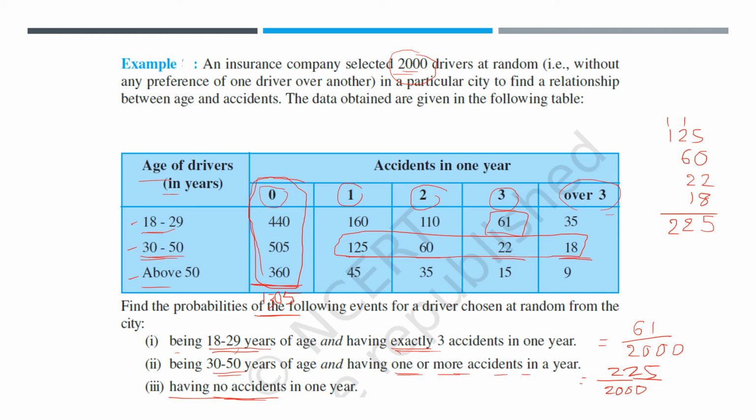Did I get this right? 4 plus 6 is 10, and 5 plus 5 plus 3, 1, 3, 0, 5, 1305. So having no accidents, which is 0 accidents, is 1305 over 2000.